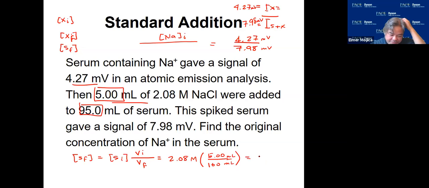So this will give you 2.08 times 5 divided by 100, so I have 0.104 molar.